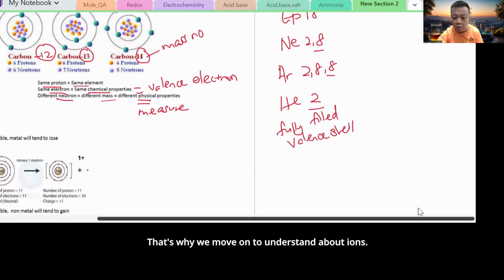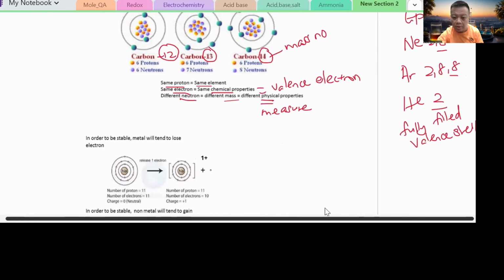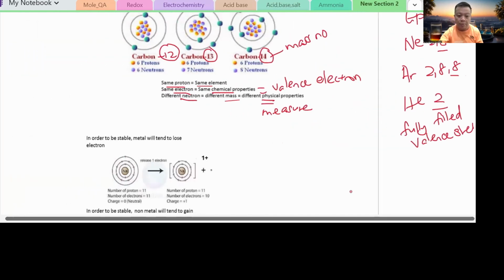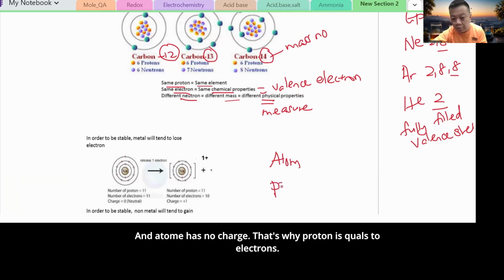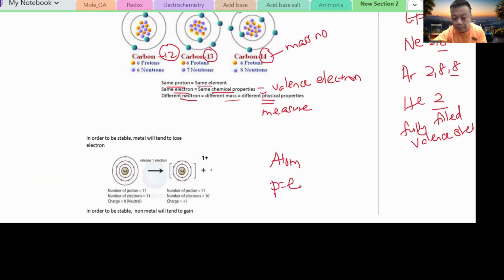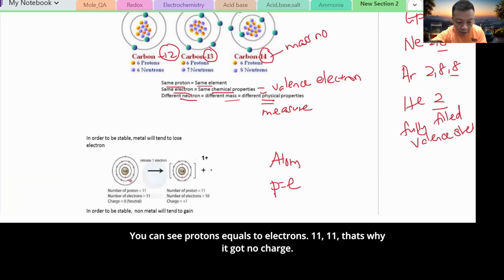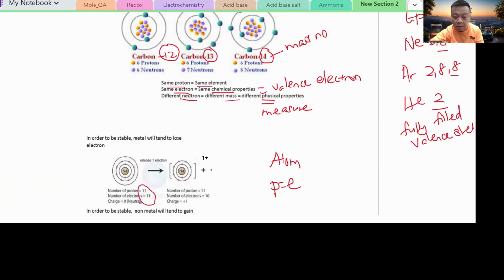That's why we go on to understand about ions, right? Because they want to be stable. So we need to understand the big picture: everything starts from the atom, right? And an atom has no charge, that's why protons equal electrons. Okay, we can see, is it protons equal to electrons? 11, 11, that's why it has no charge, right?